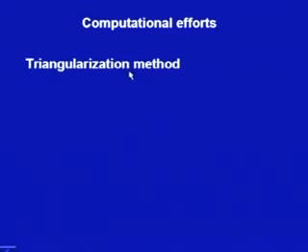Let us see how the computational effort will be in this case. The computational effort is of order 2n cube divided by 3. This is the order of the computational effort required in computing determinants using this method.